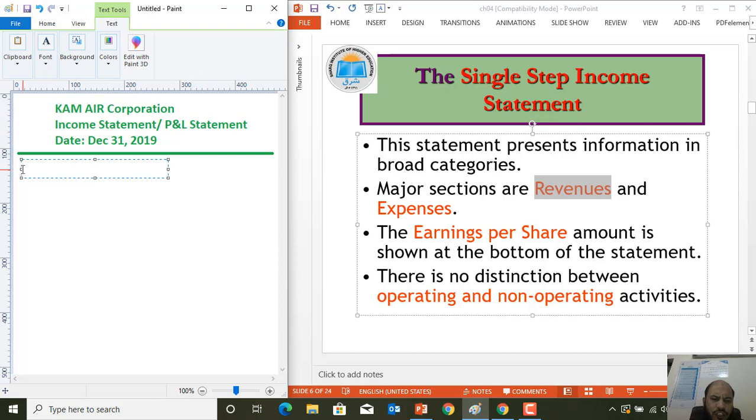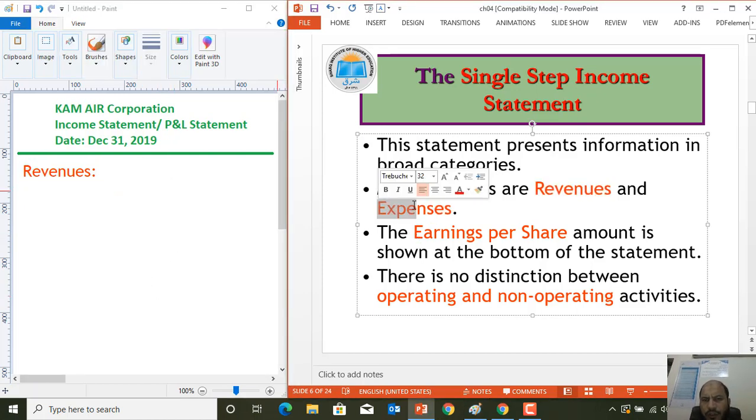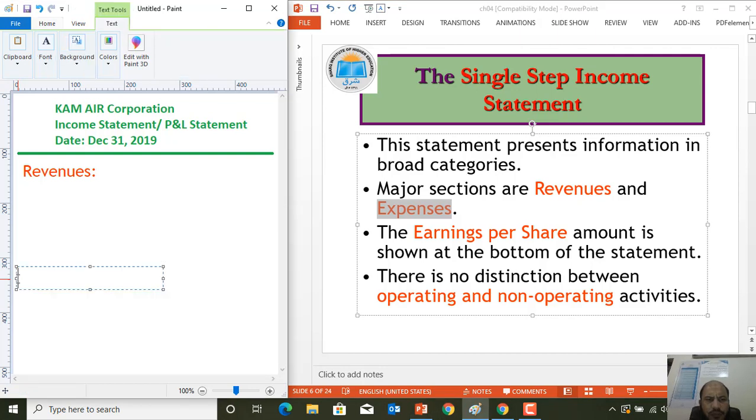So we have the revenue of the company, and also the expenses of the company too. So we will write down both of them. This is the expenses account.